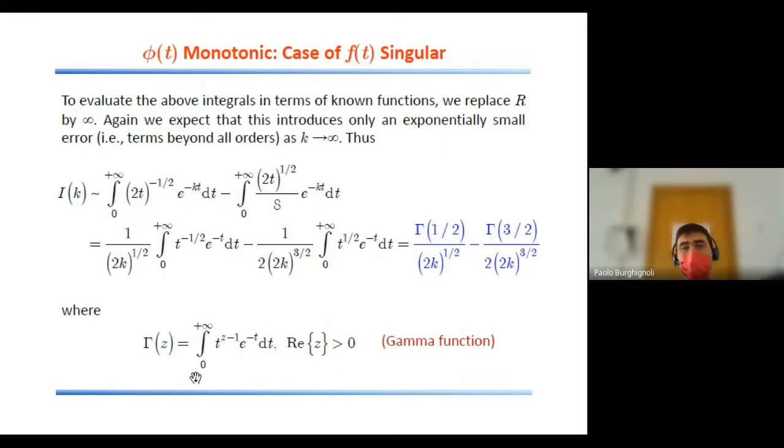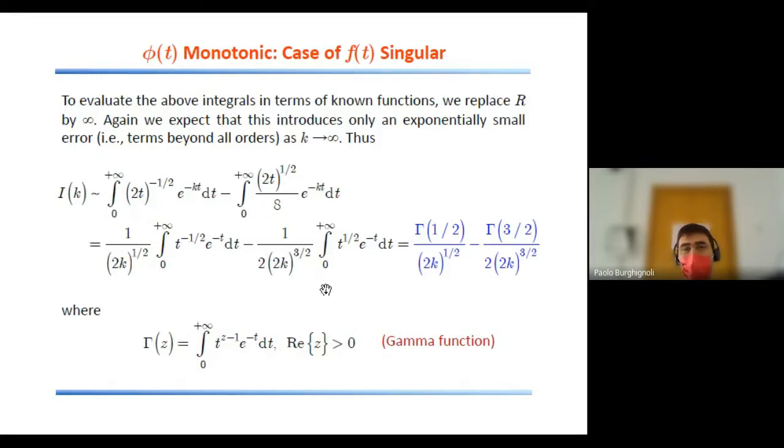That's an integral, where the real part of the complex variable z is positive, of the product of a power of the integration variable t, where the exponent is z minus 1, and the exponential e to the minus t. So you can recognize that, for example, this first integral here gives the value of the gamma function evaluated when the argument is equal to 1/2, whereas the second integral is the gamma function evaluated for an argument equal to 3/2.